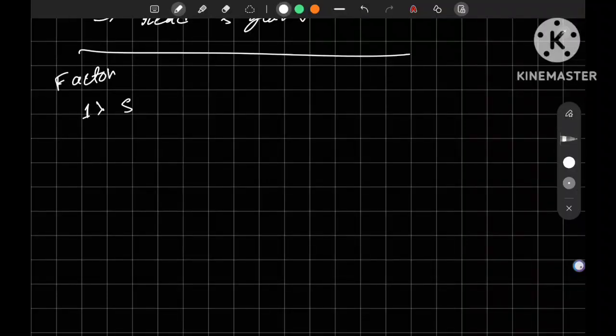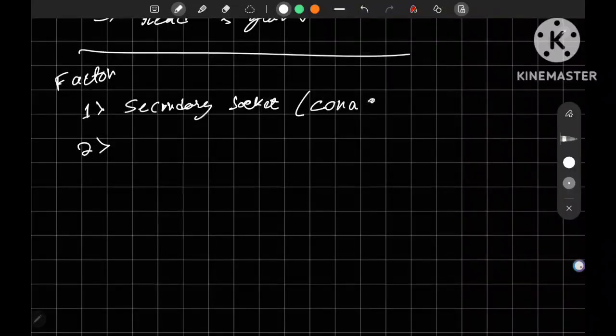Then there is the musculotendinous cuff, or the muscles. This is the secondary socket, which is the coracoacromial arch.